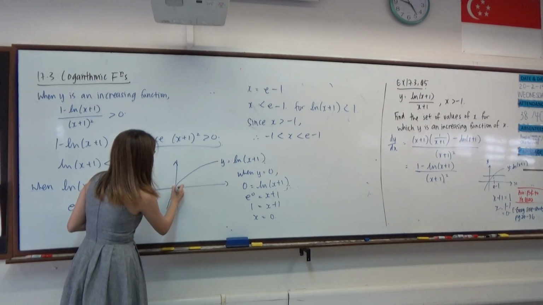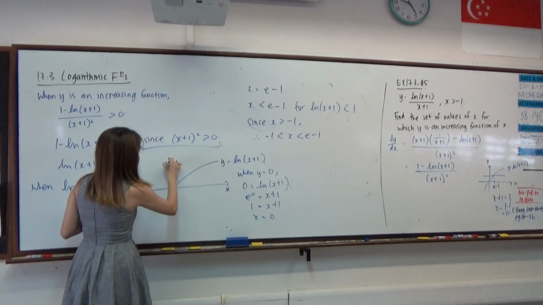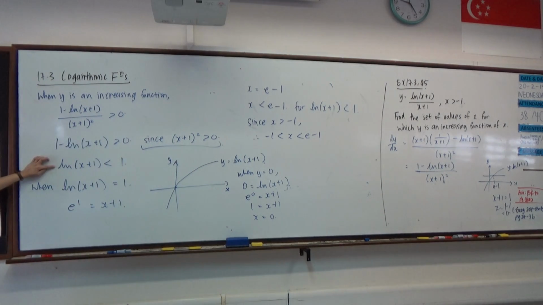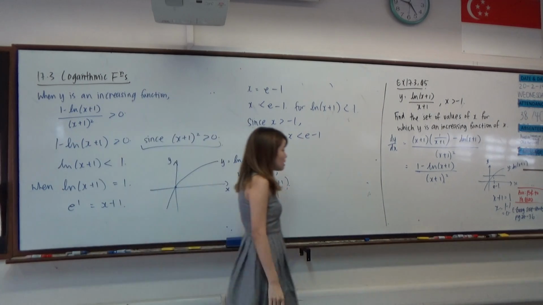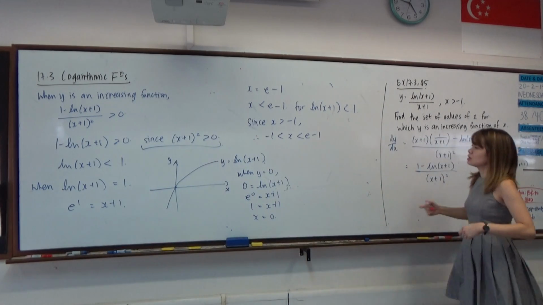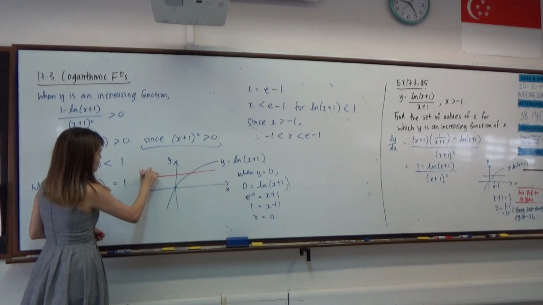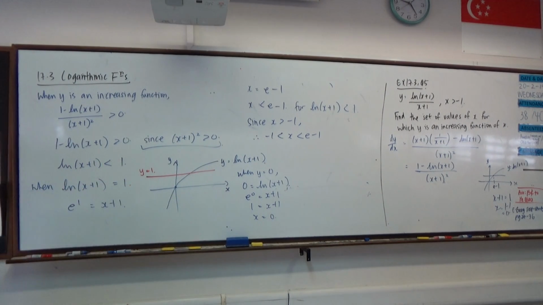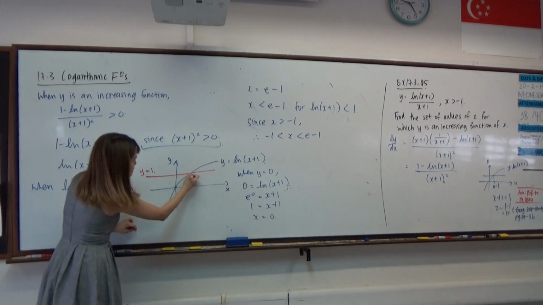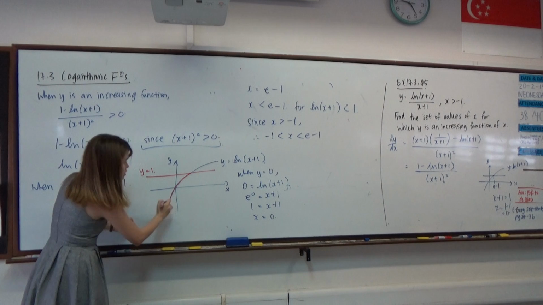Then after that, what do you actually want to find in this case? You want ln(x plus 1) to be lesser than 1. So to interpret this in a graphical sense, this is the line y equals to 1. For this entire thing to be lesser than 1, we're trying to interpret this part over here.